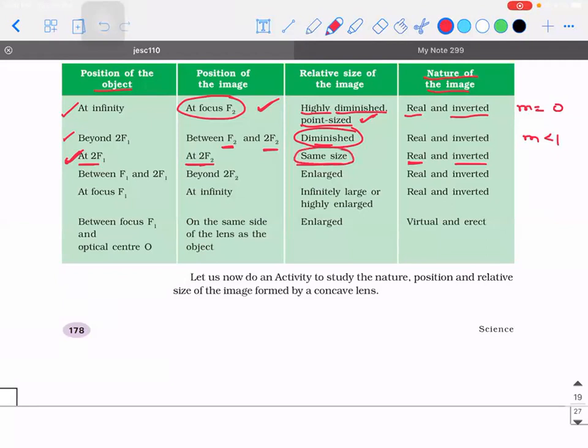When it is of the same size, magnification will be equal to 1.